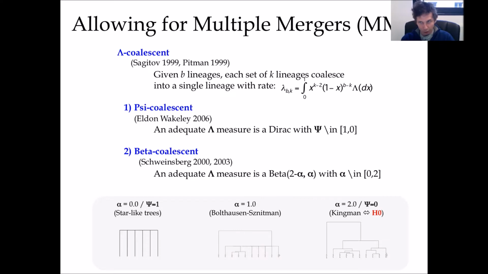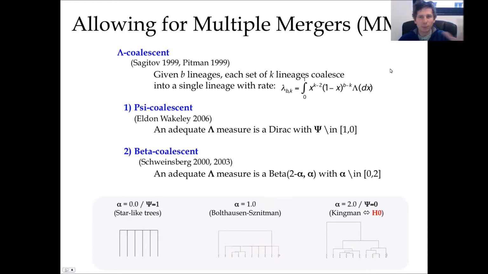Among the multiple merger coalescents, a very large family of trees, there is a family called the lambda coalescent that has been described just before 2000, where the lineages went. So you look at the individuals and you look at their tree, and there is a small chance that you select a few individuals and you put them into a single ancestor, that you do a multiple merging event.